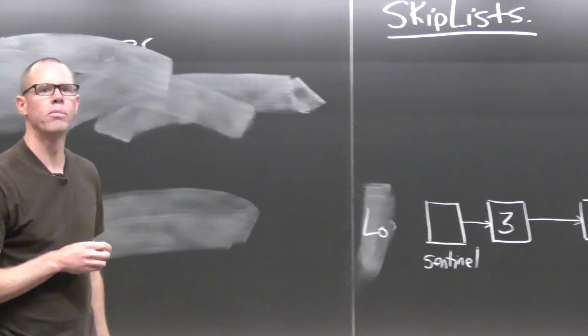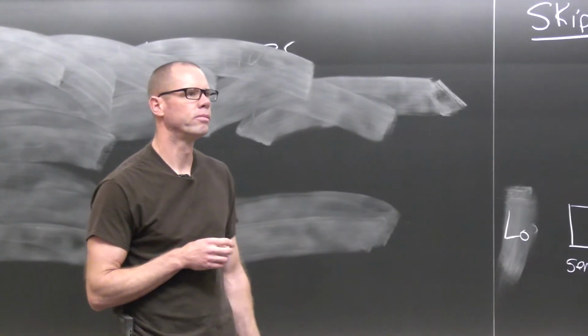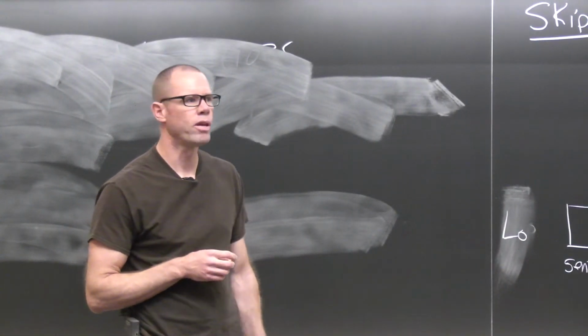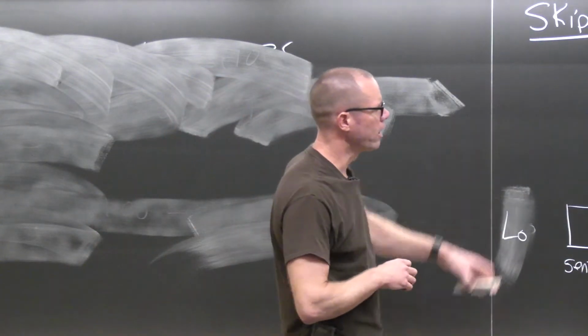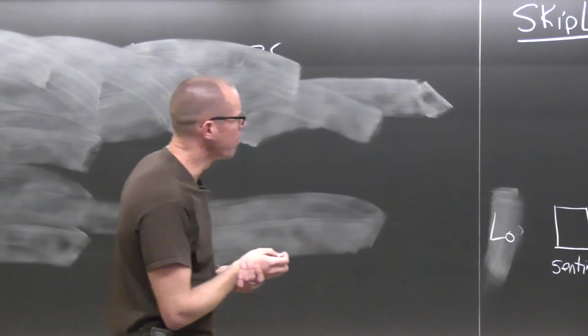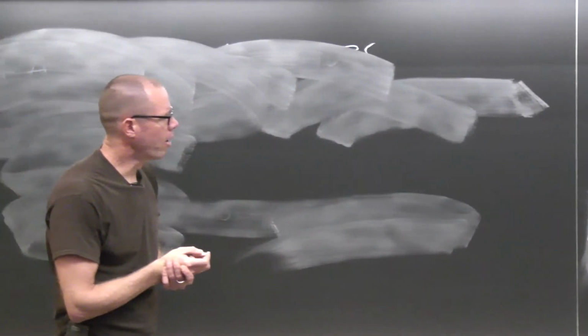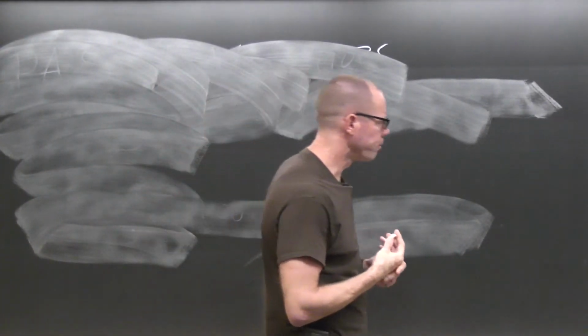Anybody know what sentinel means? It's this kind of thing that watches over everybody. So the sentinel will watch over the elements of this skip list. All right, so now I need a coin tosser.